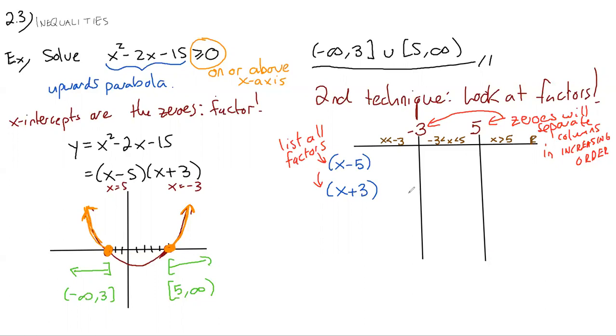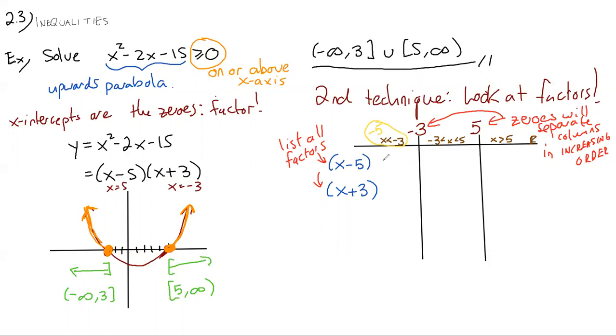And so what we're able to do now is look at the behavior of x minus 5. If I plug in a number that is less than -3, let me just come up with an example number, say -5, that is a number less than -3.